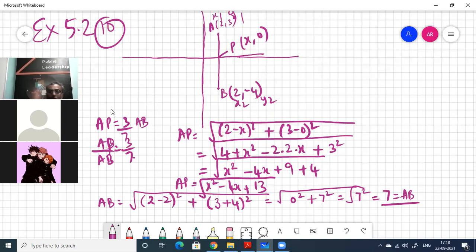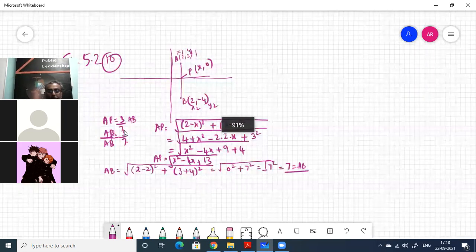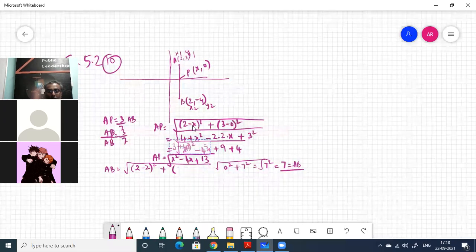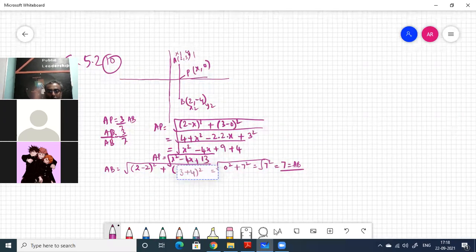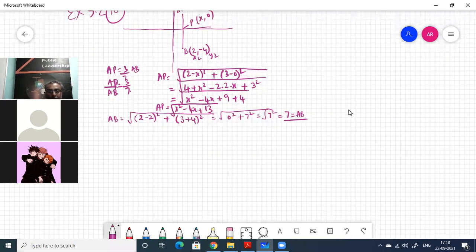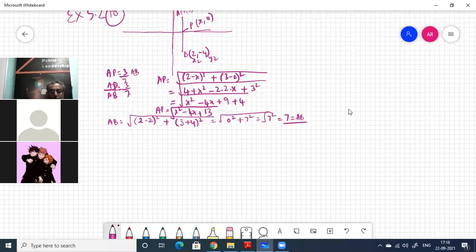Okay. Now we know that AP by AB is equal to 3 by 7.